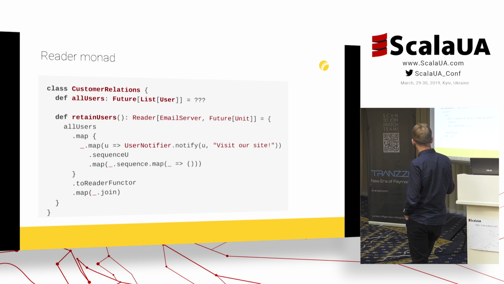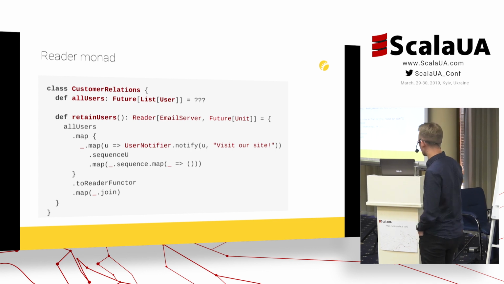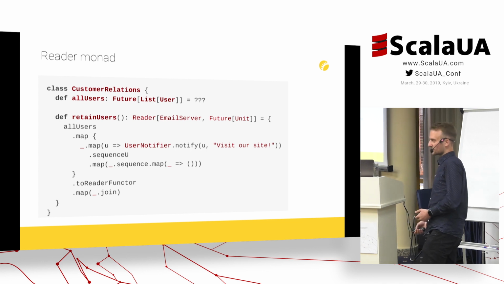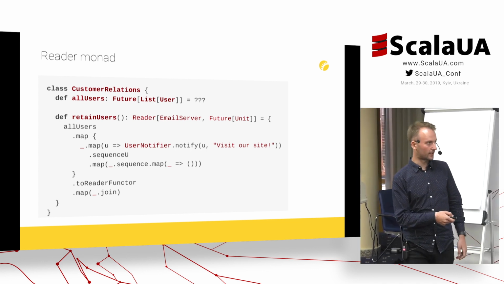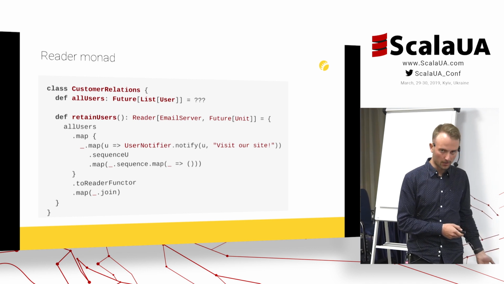We can map over it and do some stuff. The main idea is that the email sender is the dependency that we define in components in cakes, or in the constructor using Guice or Spring, so that we can perform computations abstracted over the dependency we have, and provide it using the run method, just passing it as a function parameter.